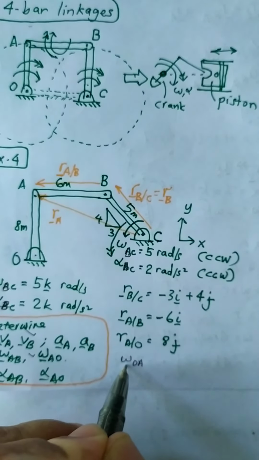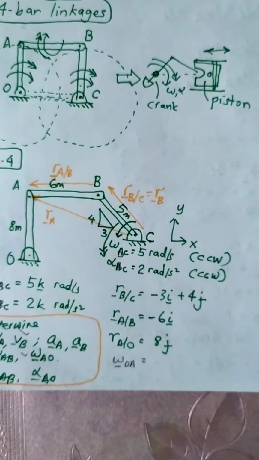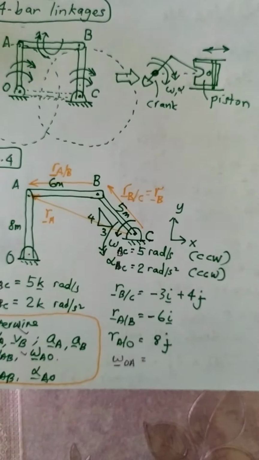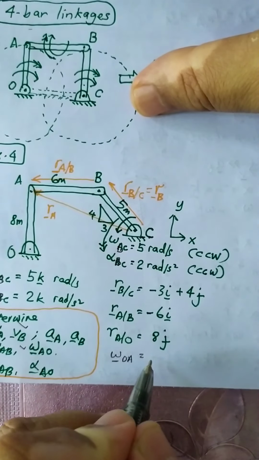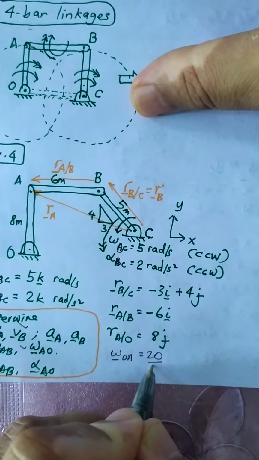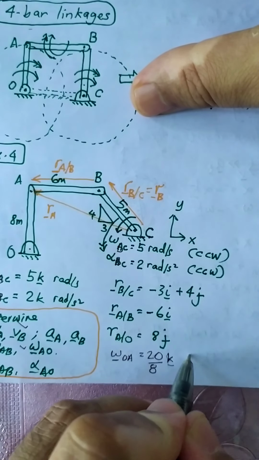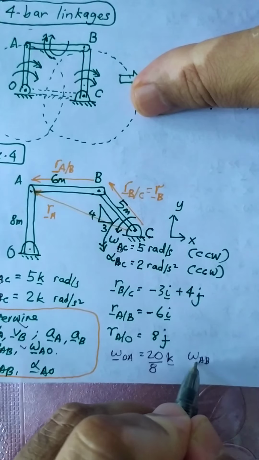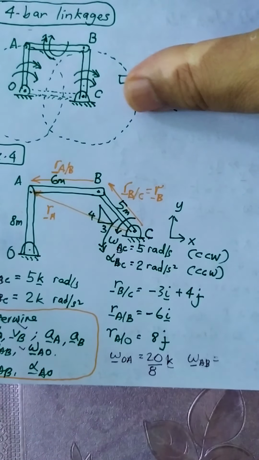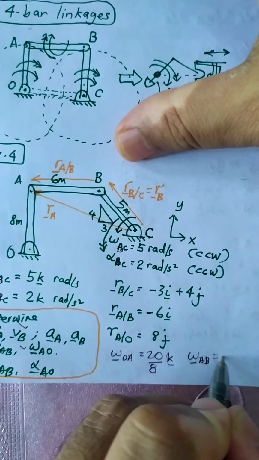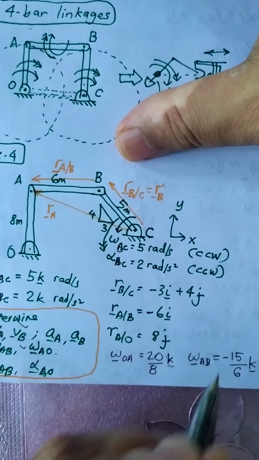We have the answer for omega OA, which is 20 over 8k, and then omega AB is minus 15 over 6k. All these are in radian per second, of course.